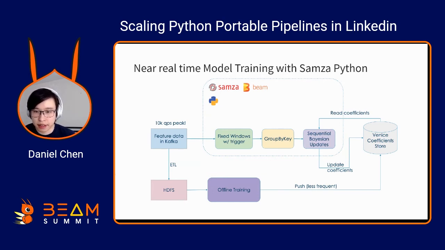The sequential model updates and the offline training all access the same coefficient store. So in order to keep that coefficient store more up to date, this nearline model comes in and updates it as training events occur, instead of once every day or so.